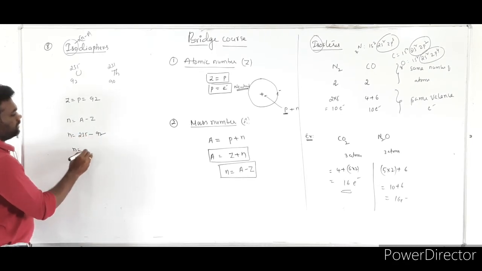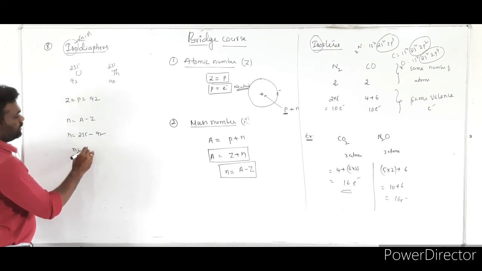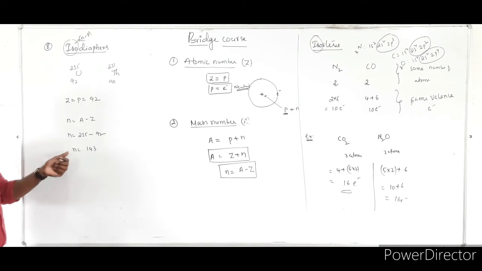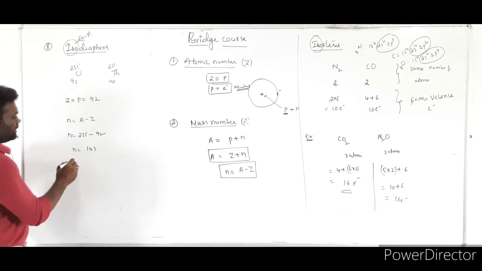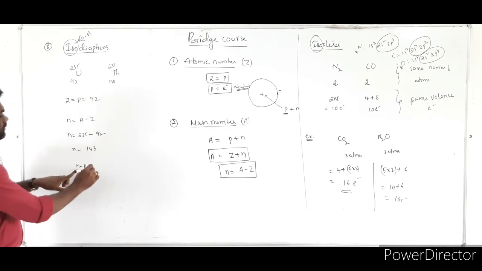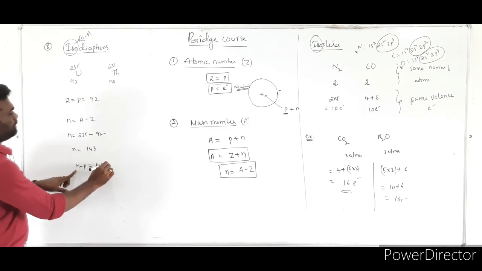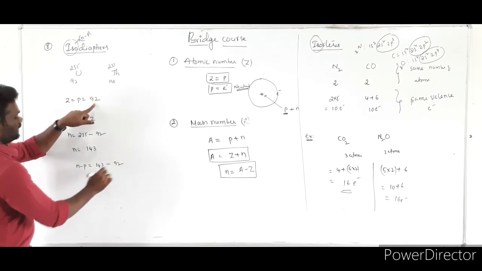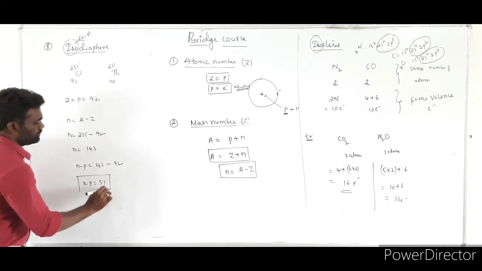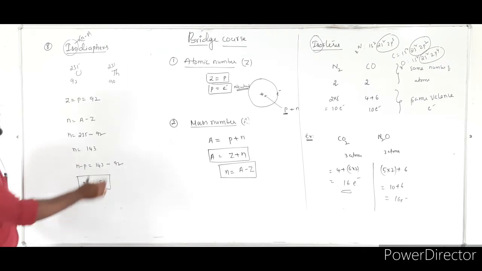So n is equal to how much are you going to get? 143. N is equal to 143. Then we have to find out the n minus p value. N minus p, n is equal to 143 and p is equal to 92. So the n minus p value is equal to 51. First case. Let us take one more.